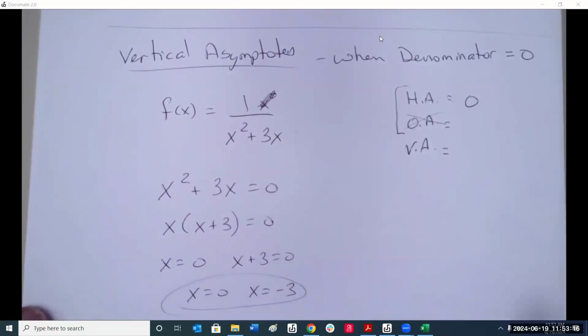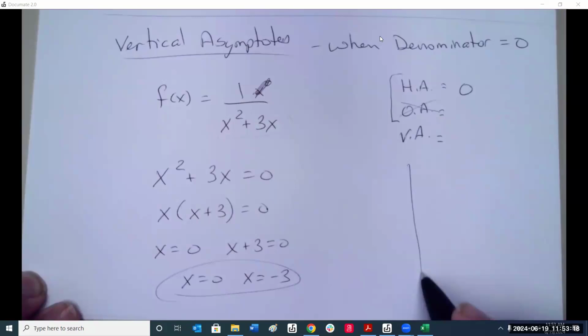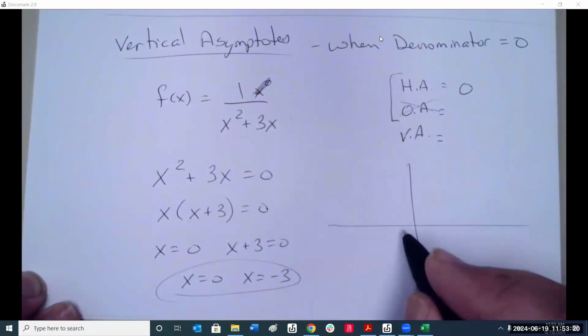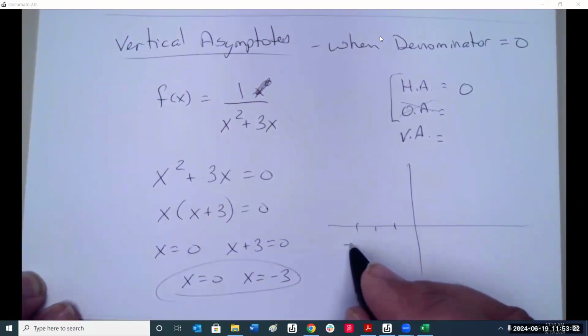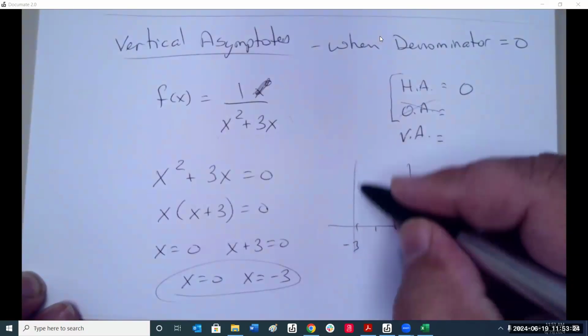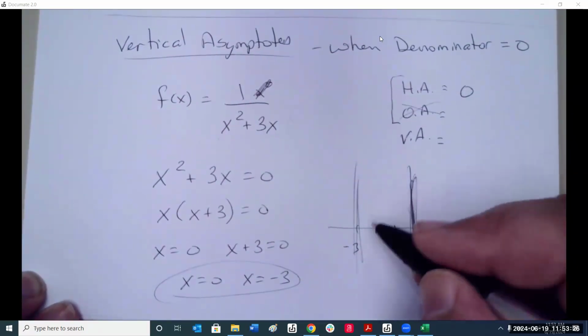Those are your vertical asymptotes. These are lines that the graph cannot cross.